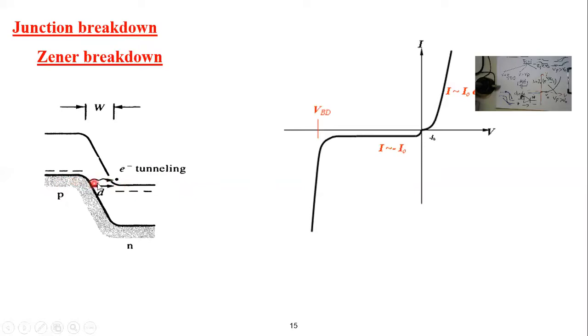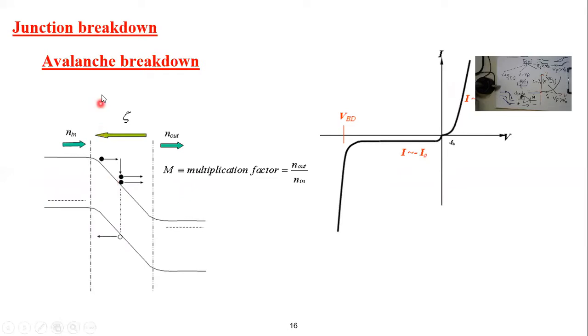So electrons can jump from here to there, creating a huge amount of current in the reverse direction, and this causes the breakdown. And the second is what's called the avalanche breakdown, when this slope is very, very high.